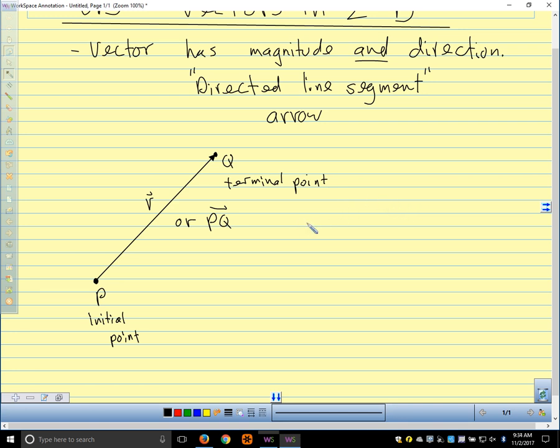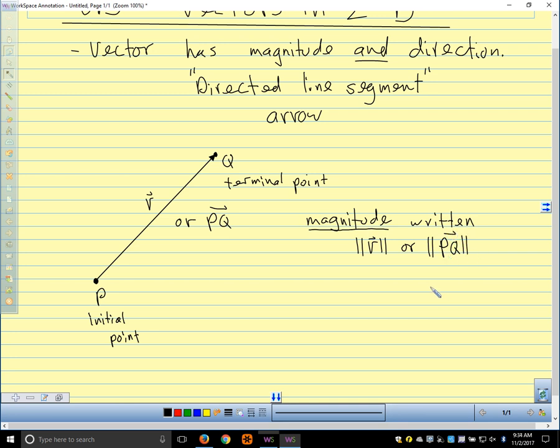We write with double bars the magnitude of V, or we could write the magnitude of vector PQ.